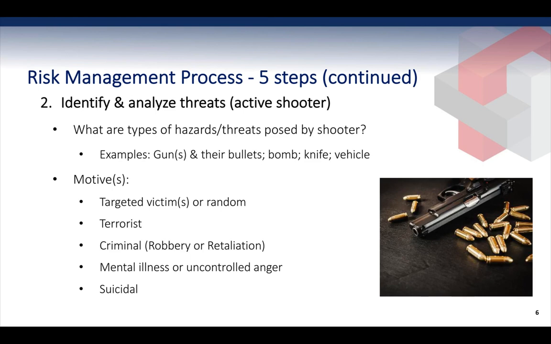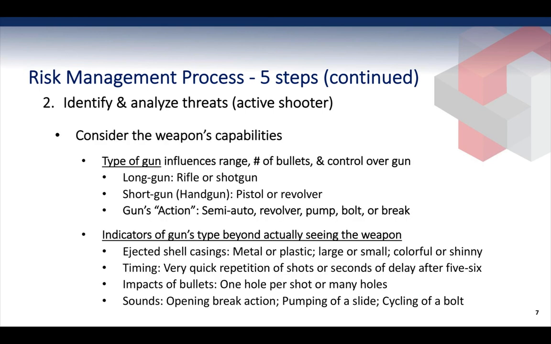Those can have an influence because if the incident is involving a suicidal person, a mentally ill person, or a terrorist, you can anticipate that traditional means of deterrence, such as risk of being identified, risk of being apprehended, may not have the same impact on those individuals as would be the case with a more traditional criminal. The other analysis of the threat is the analysis of the shooter's weapon.